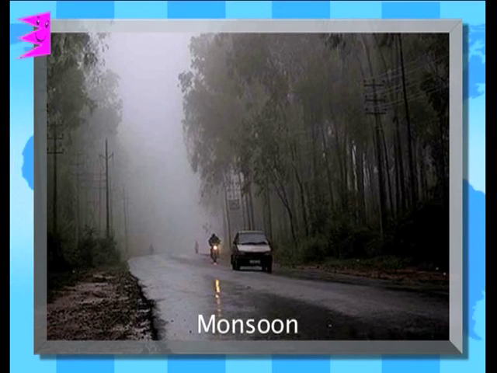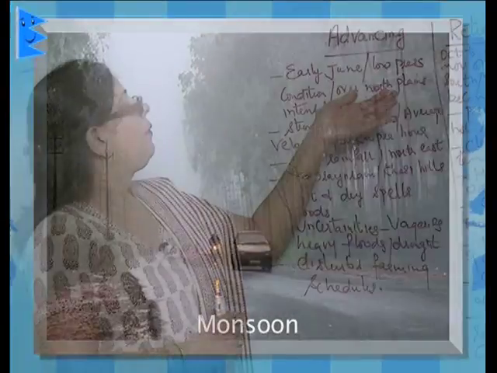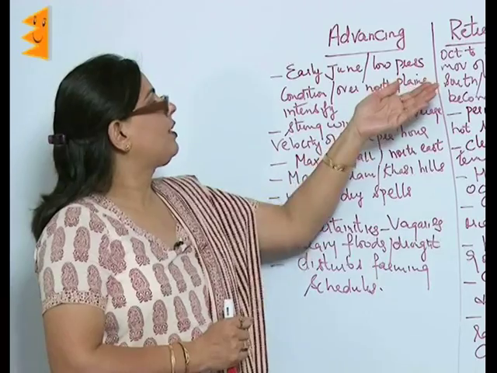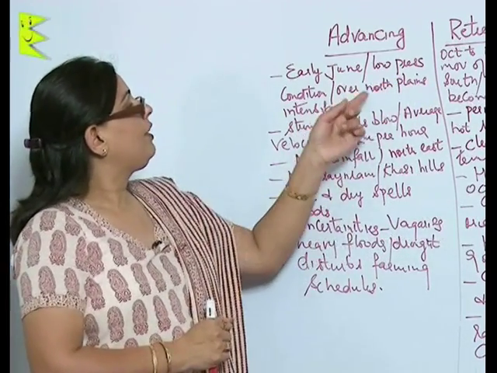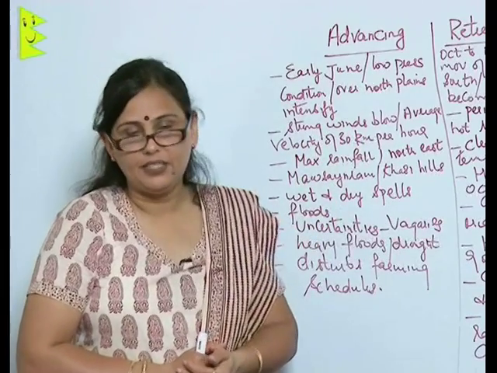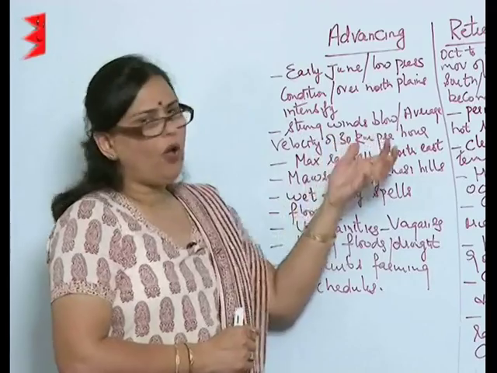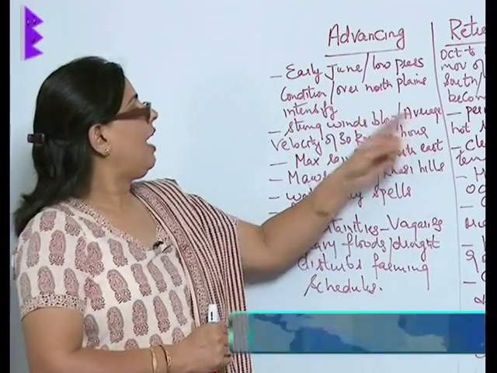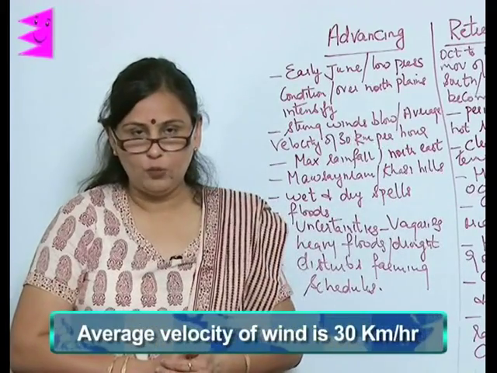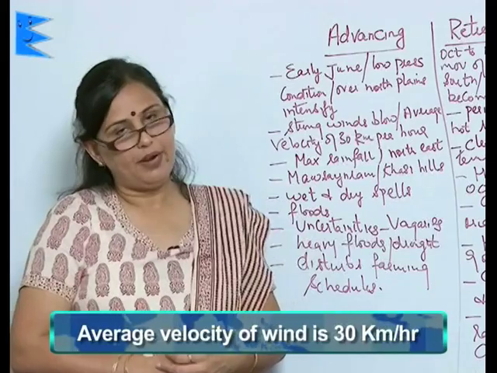These are the months of the early June that we experience, when the low pressure condition over the northern plain intensifies, and we see that strong winds blow during this time, and the average velocity of these winds is almost 30 kilometers per hour.